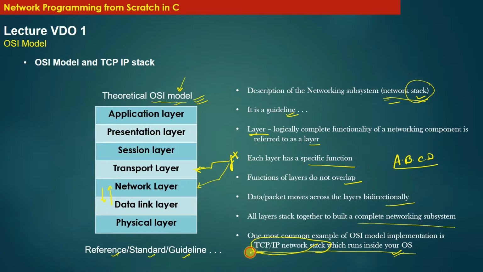The TCP/IP network stack is an instance of a network stack implemented using the OSI model as a guideline. Other network stacks are possible, but the most widely used network stack is the TCP/IP stack.